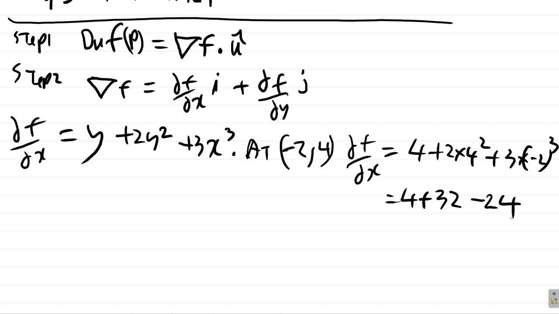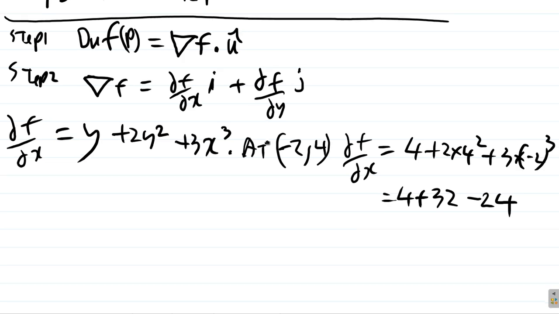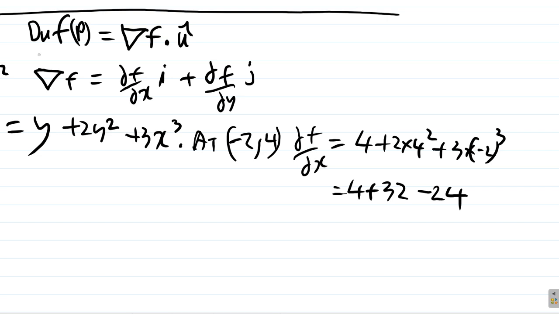I'm going to use my calculator off the air. But you, of course, should have your calculator and verify everything. But you should have completed the question already. I'd asked you to do that earlier. So what I have is 4 plus 32. That gives me 36. Minus 24 gives 12. This is equal to 12, right?